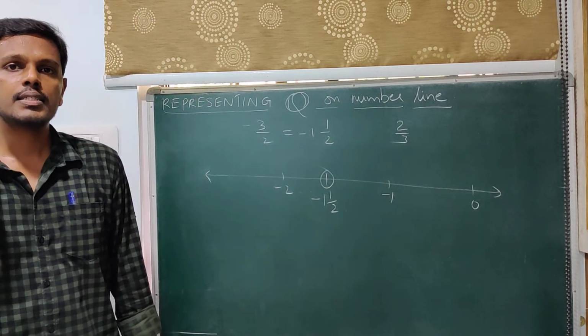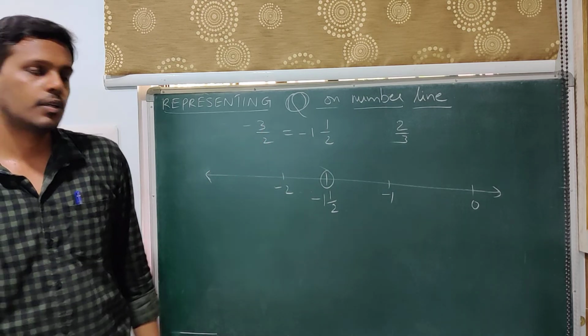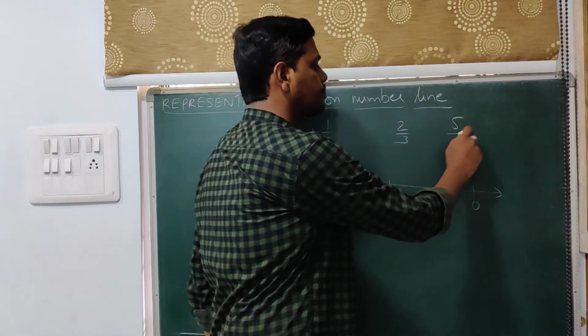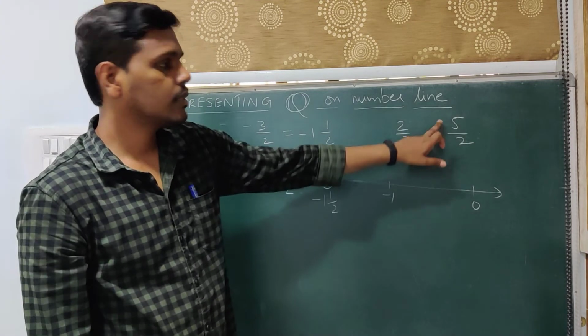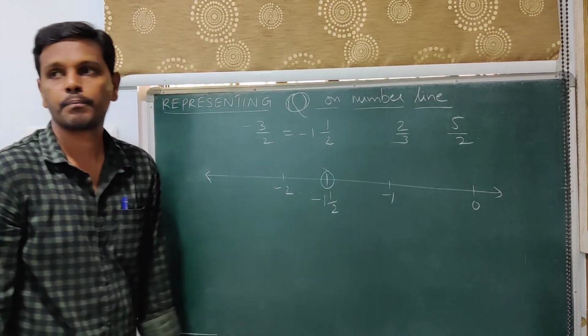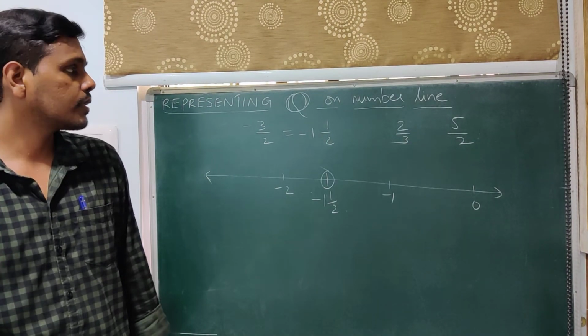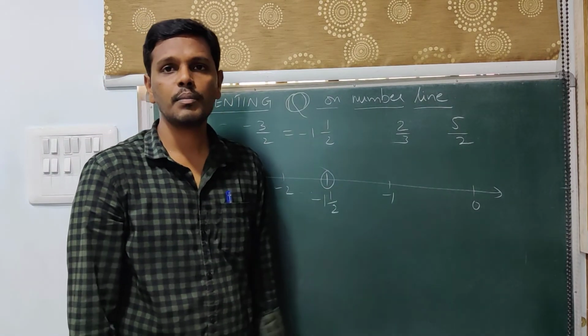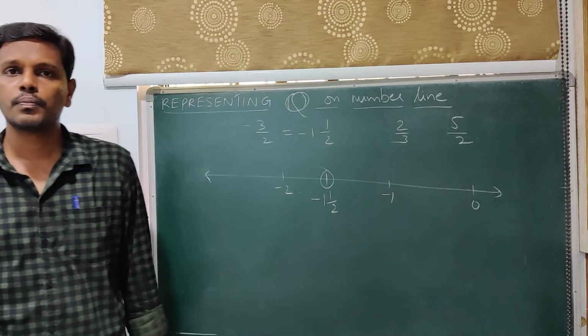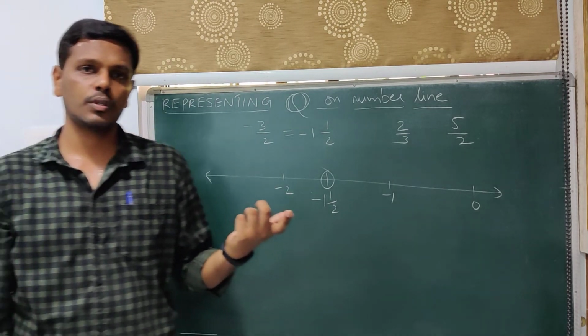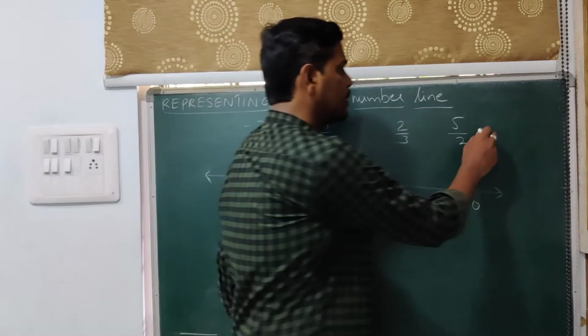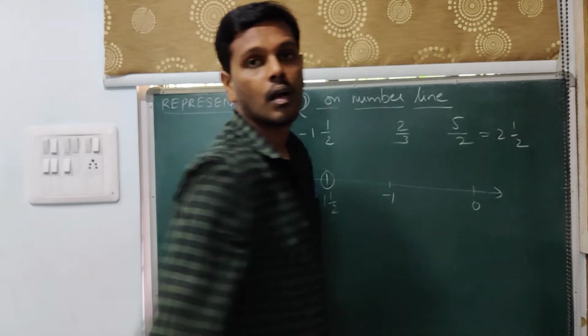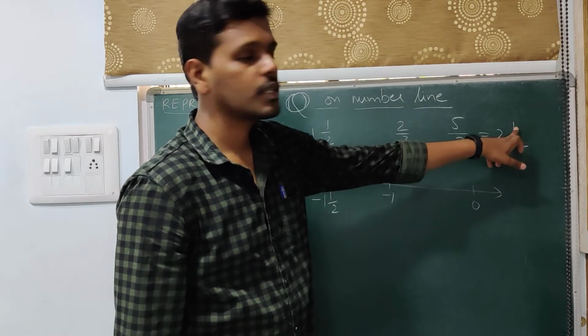Now if the numerator is greater than the denominator, like 3 by 2, or say 5 by 2, in that case, first you will write it as a mixed fraction. That will tell you that the number lies between which two numbers. Now 5 by 2 lies between 2 and 3. 2 2s are 4, 4 plus 1 is 5.